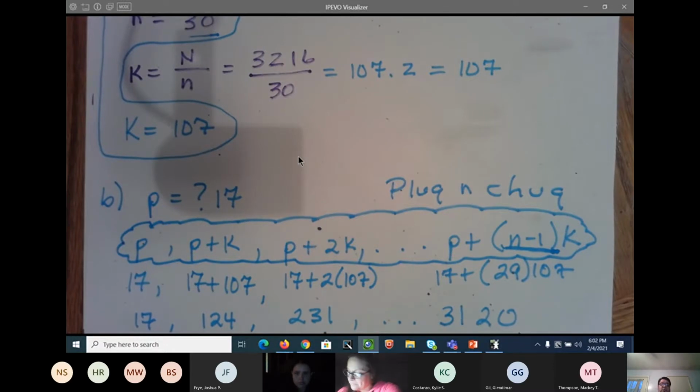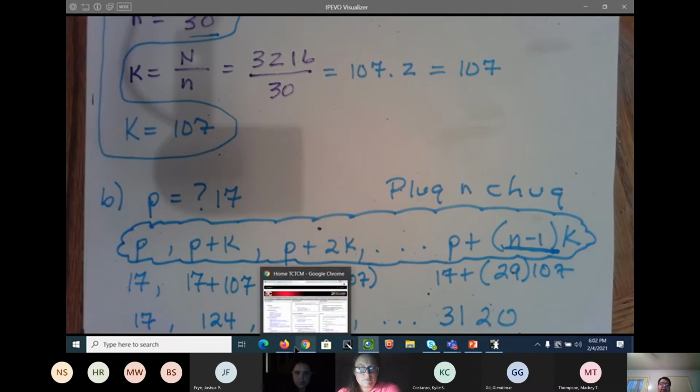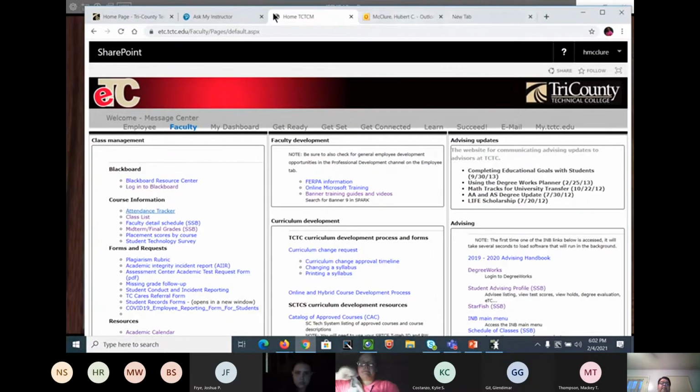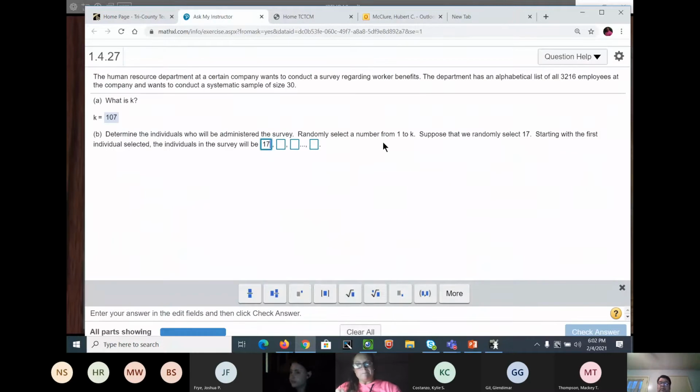Okay. So we're going to type that in now so we can feel good about ourselves. If I can find the problem. Here we go. 17, 124, 231, and 3,120.